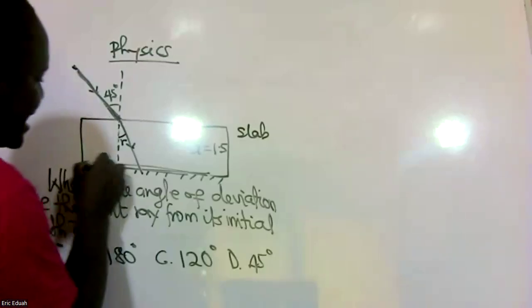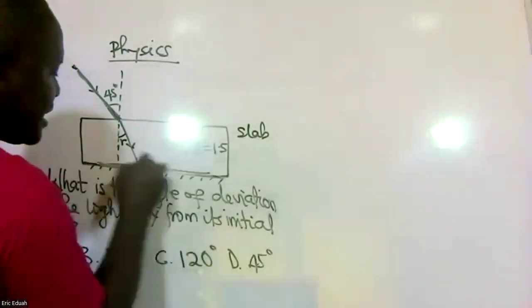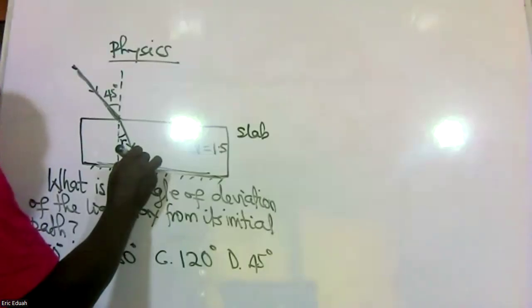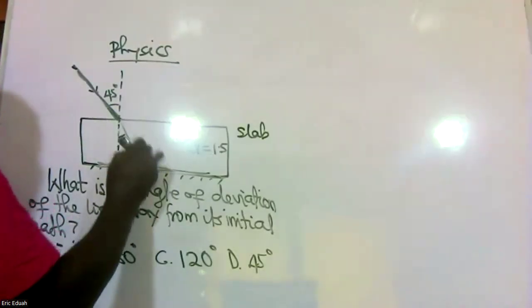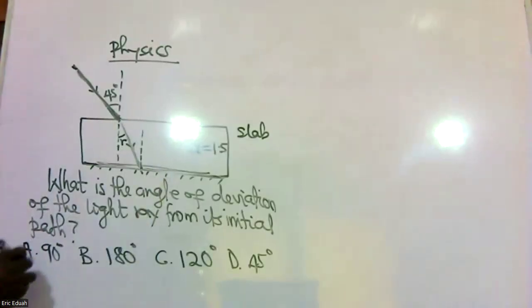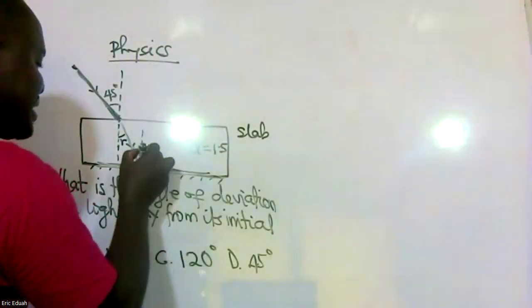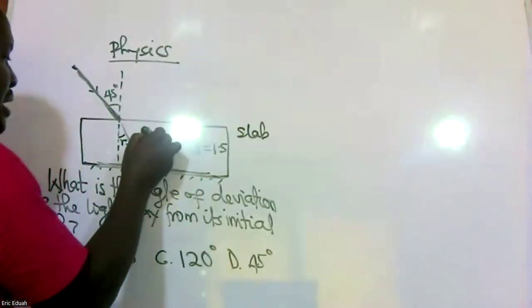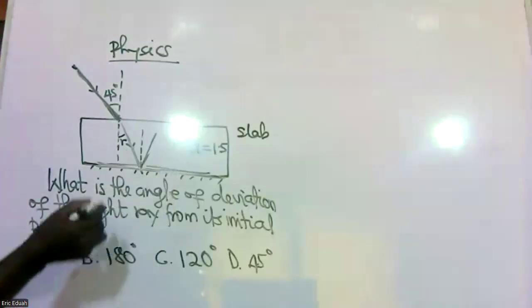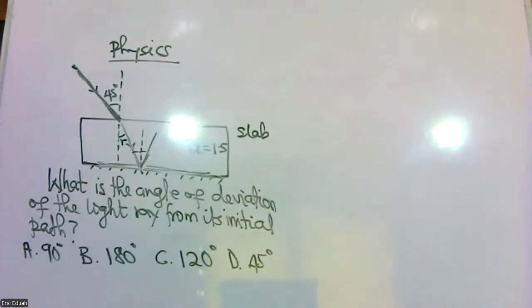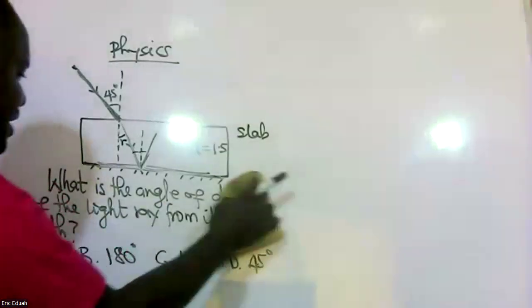Now, because this side is coated silver, behaving as a mirror, this will become the incident ray. So another normal here, and the light would reflect to obey the laws of reflection: angle of incidence equals angle of reflection. Now we are asked to determine the angle of deviation.